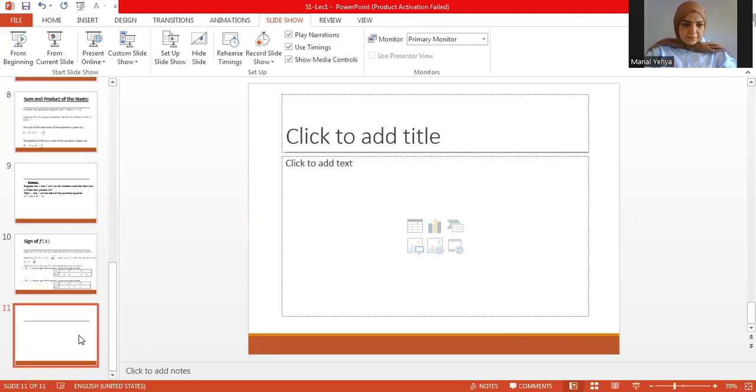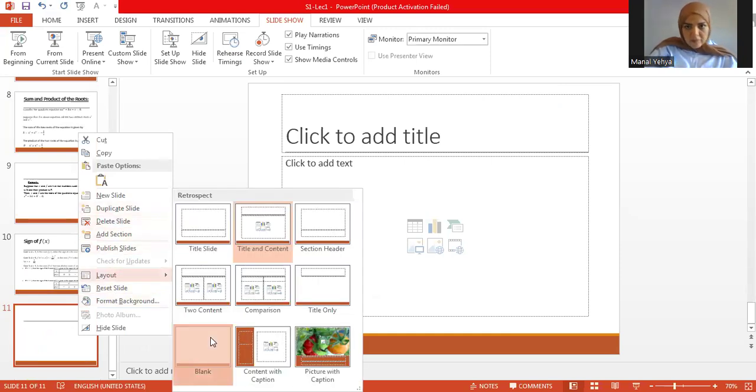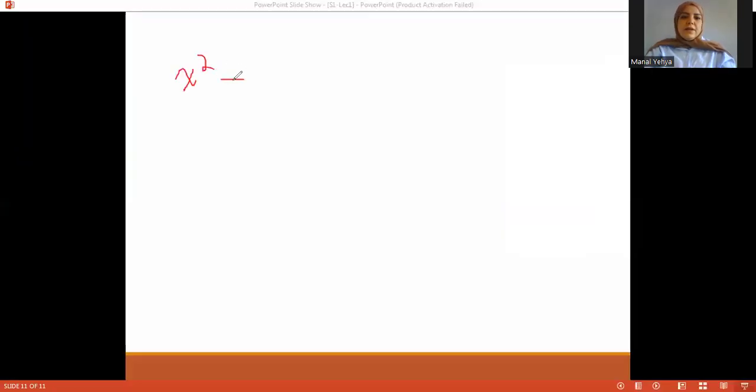Suppose we have this equation, x squared plus 8x plus 1 equals 0. Okay, I will take another example, which is easier to solve using a, b, c.